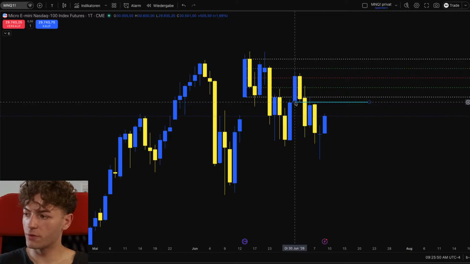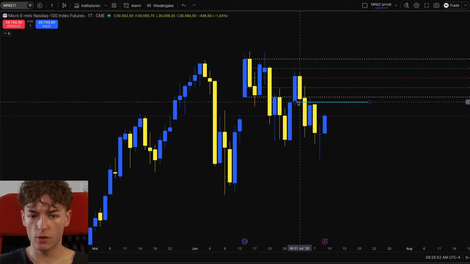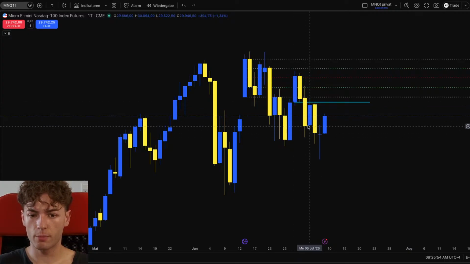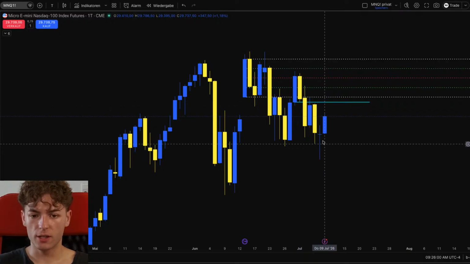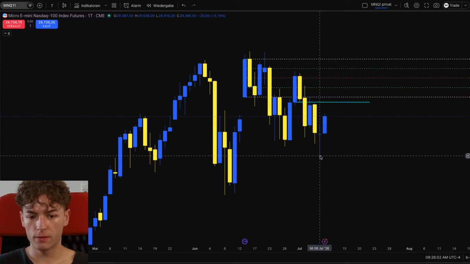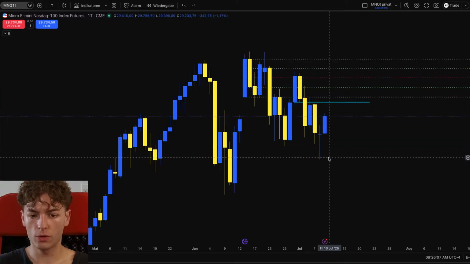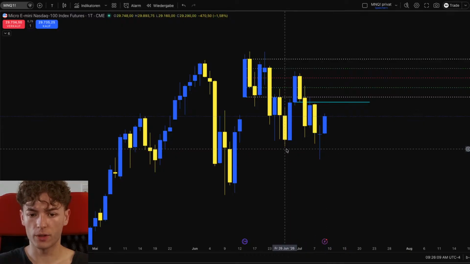For the more advanced ICT traders, they know that's a propulsion block. So price trades up into it, and now we should see a move lower, which we did on Wednesday. Yesterday we had a beautiful day lower, anticipated lower prices, and we got it.